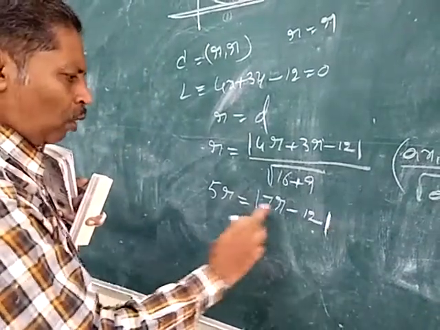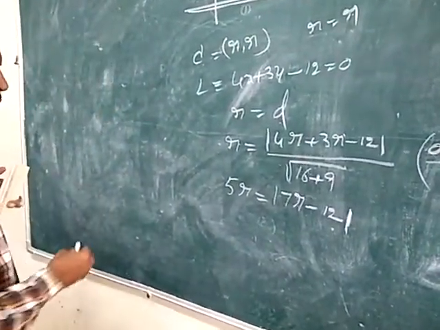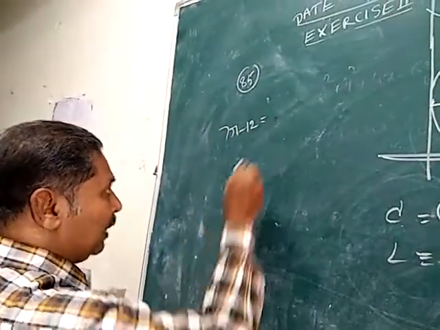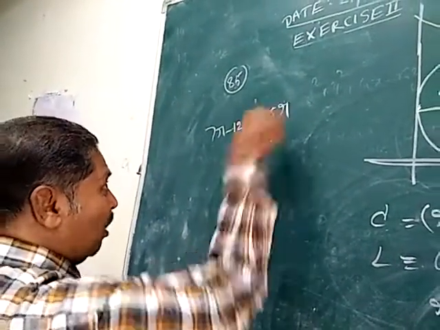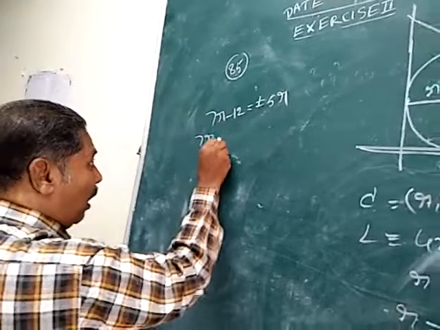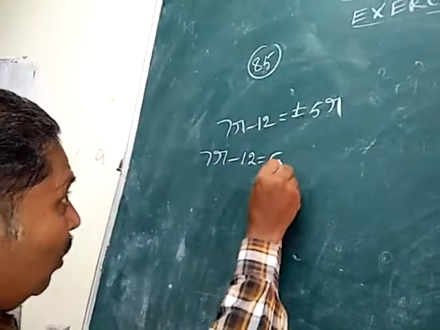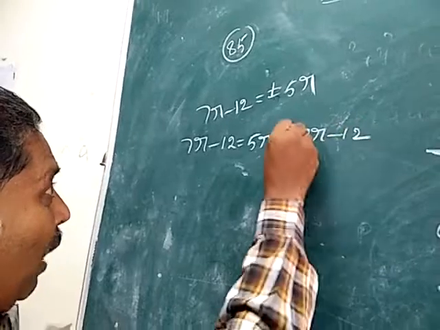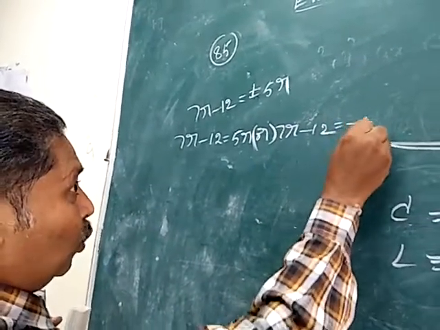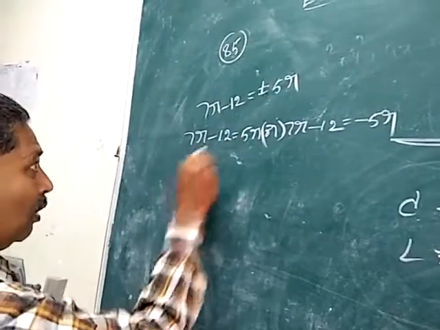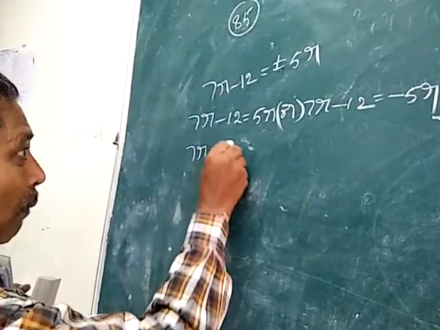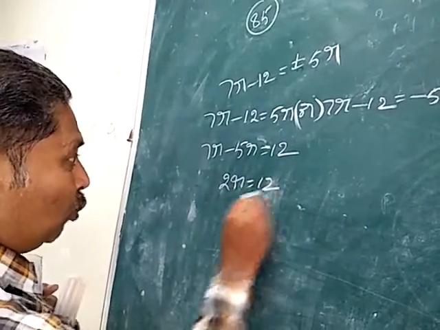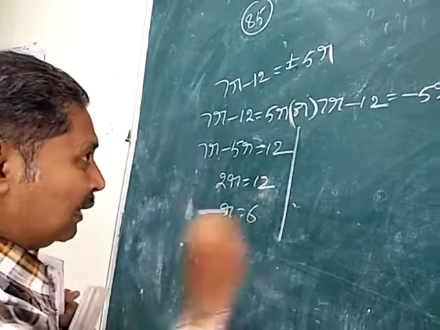When we remove the modulus symbol, we take plus and minus on the RHS. So 7r minus 12 equals 5r, and 7r minus 12 equals minus 5r. So 7r minus 5r equals 12, 2r equals 12, r value is 6.